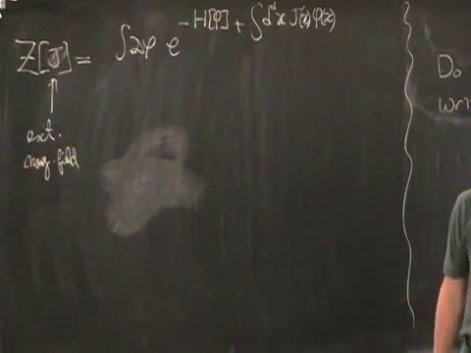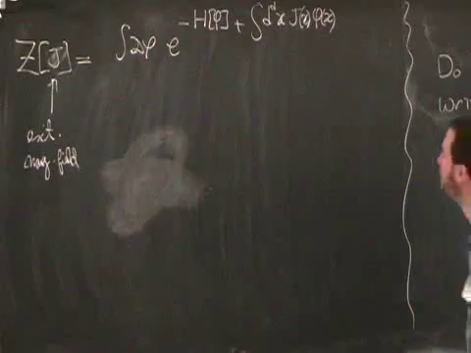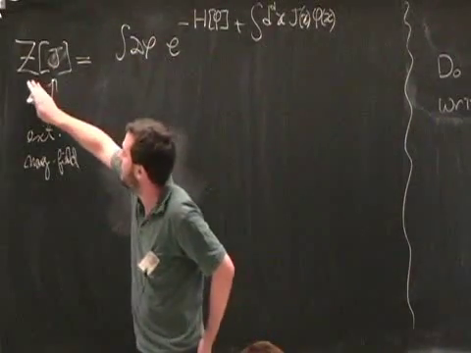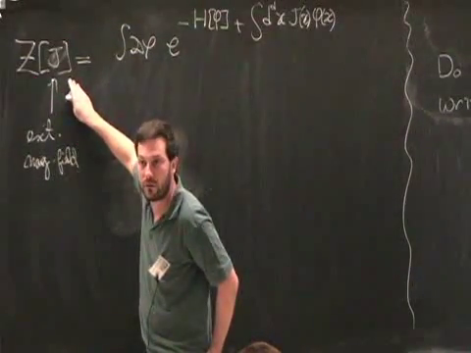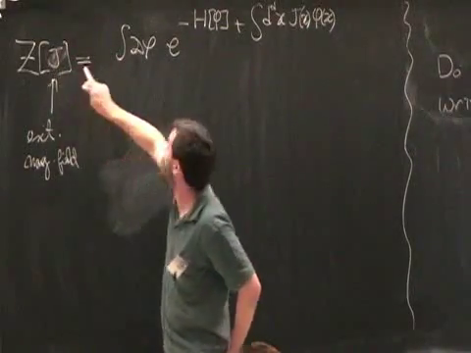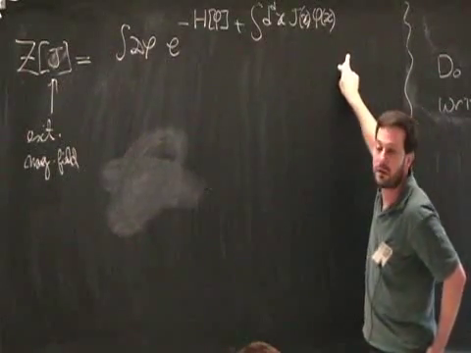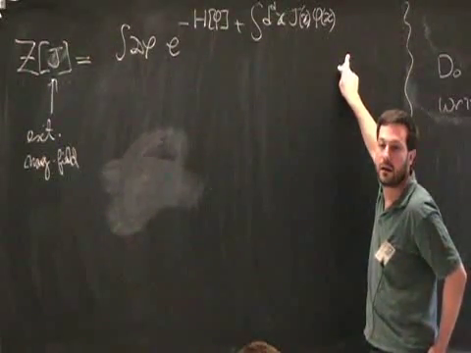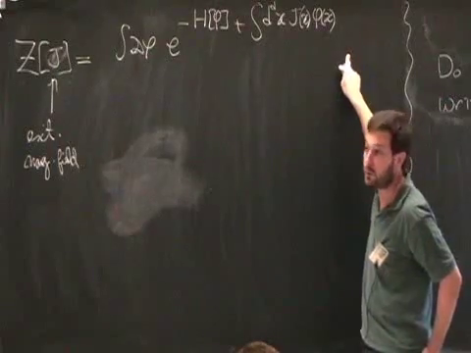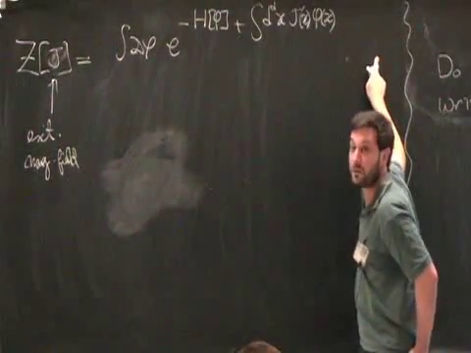This is the generating functional of correlation functions. Why do you call it that way? Because if you take derivatives with respect to J, each time you take a derivative, you put down a phi. Okay? If you take two derivatives, you put down two phi's and so on.